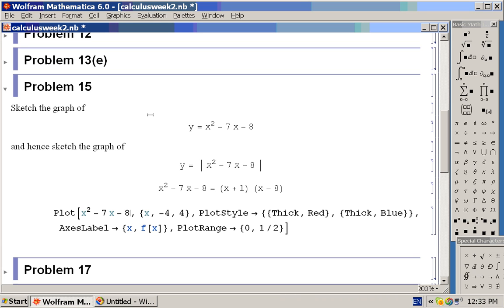And we know that we want to plot it for values including the places where it's 0. So let's take the plot from negative 2 to plus 9.